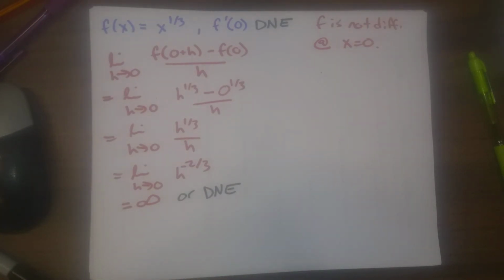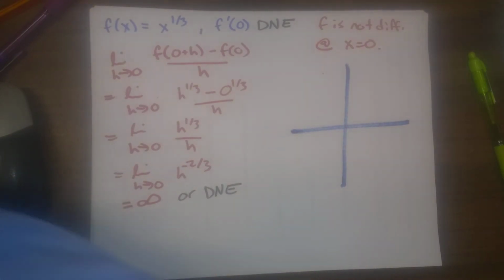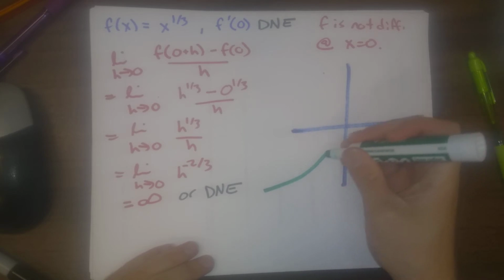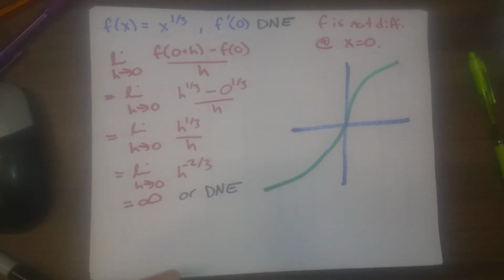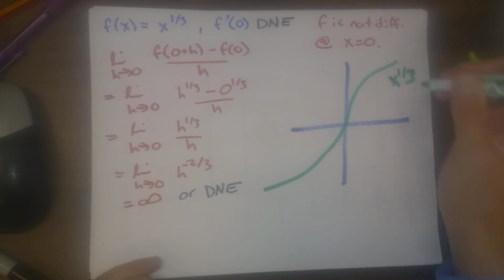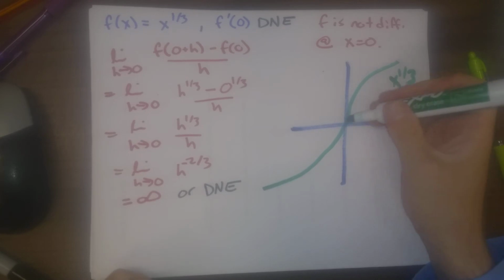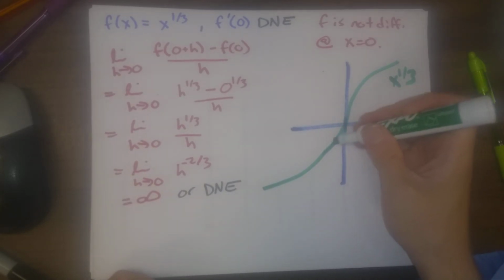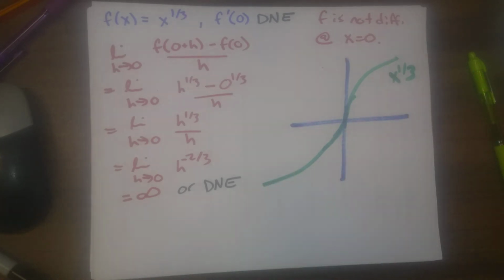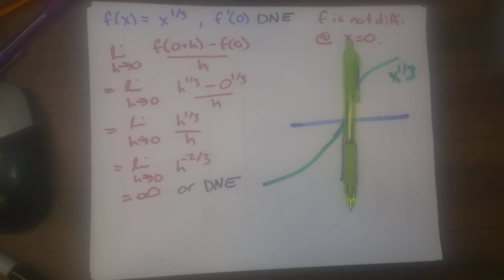Once more, let's draw the picture so that we can see what this looks like. So that's a decent sketch of what the function x to the 1/3 looks like. And so if this was more accurate, basically when I'm going through the origin, when x is equal to 0, the slope of the tangent line, so the tangent line is pointing straight up.